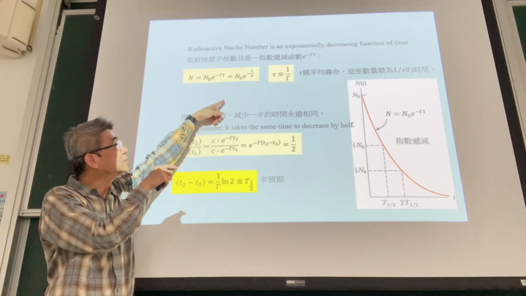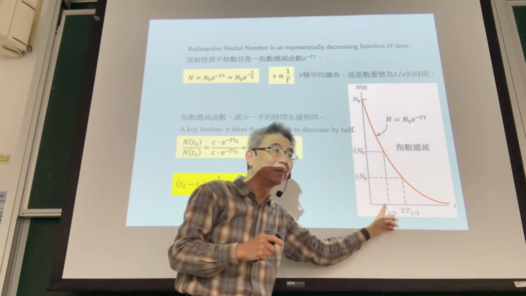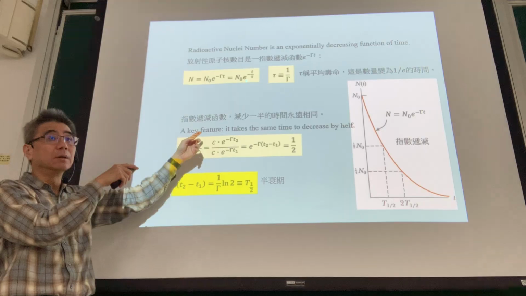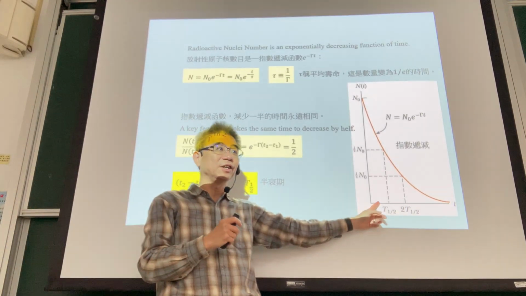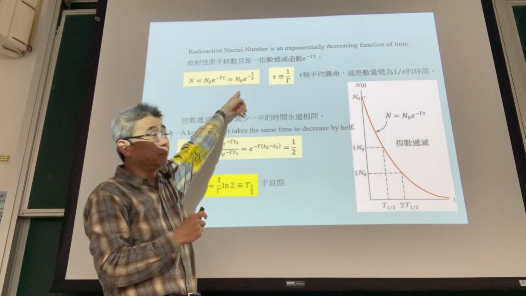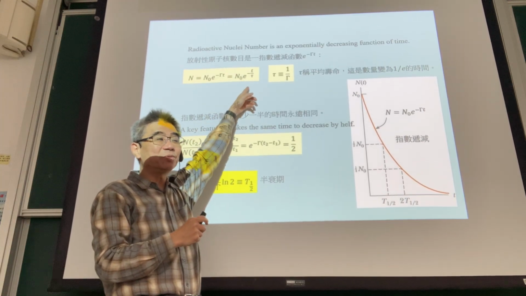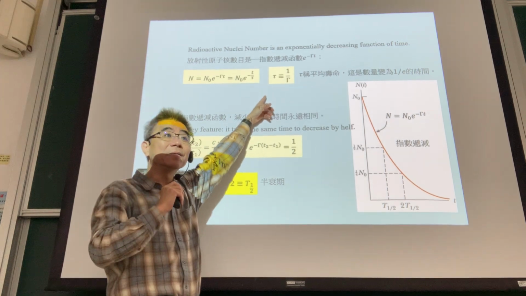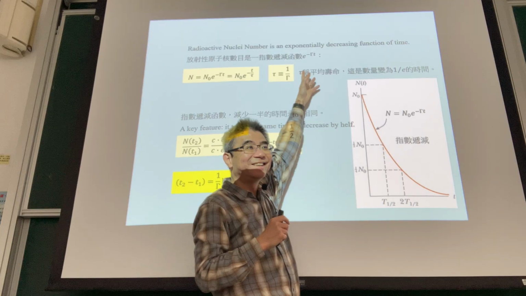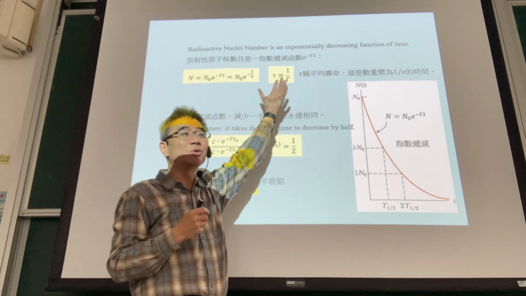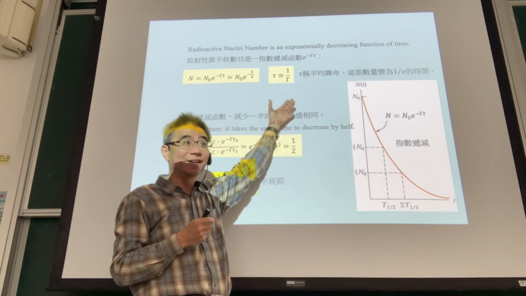Again, if t is equal to tau, that means after one tau time, the number will become e to the -1, about 1 over 2.7. This is what we usually call the average life, to estimate how long this nucleus will stay.